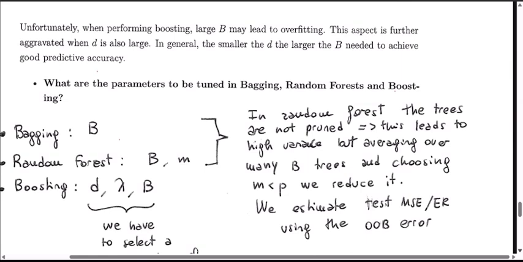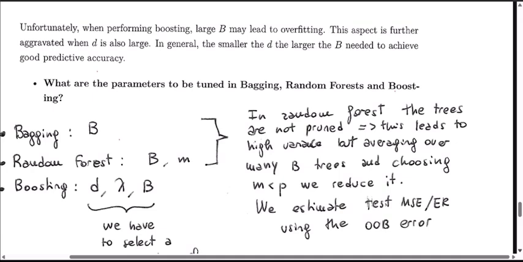Unfortunately, when performing boosting, large B may lead to overfitting. You can see that? But large B does not lead to that in bagging. You remember in bagging? Okay. And this aspect is further aggravated when D is also large.